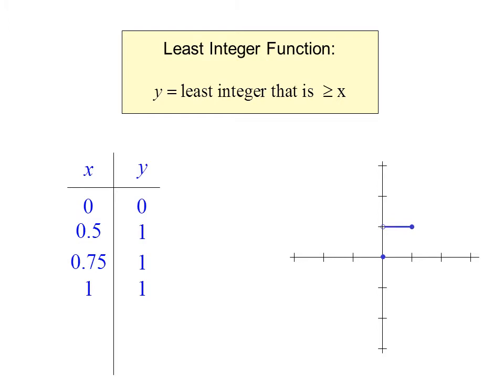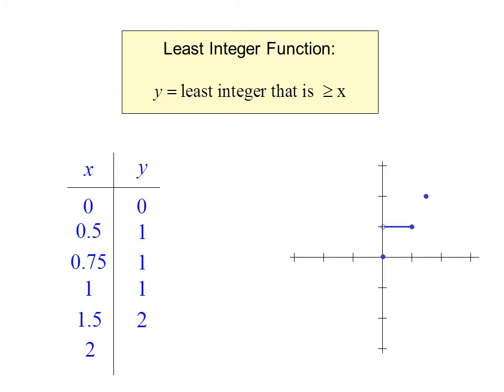And we can connect the dots. Notice that this time the open circle is on the left-hand side and the closed circle is on the right-hand side. Now if we try 1.5, the least integer that's greater than or equal to 1.5 is 2.